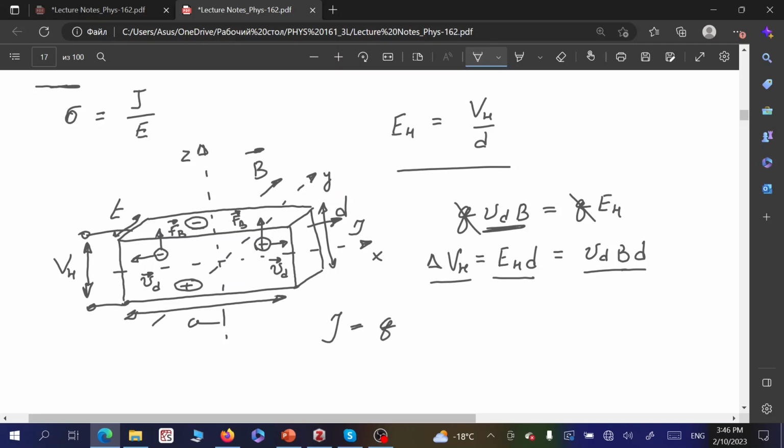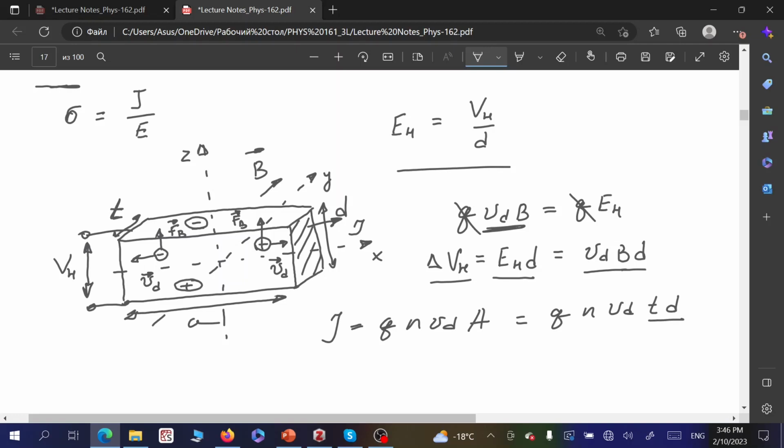It will be Q times N times V_D times A, where A is the cross-section area of this conductor. And that will be Q times N times V_D times T times D, where T is this thickness and D is the height.